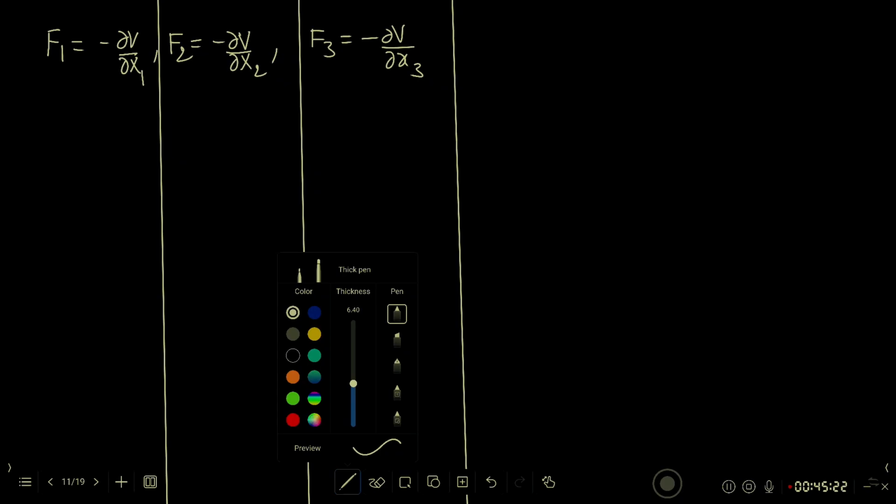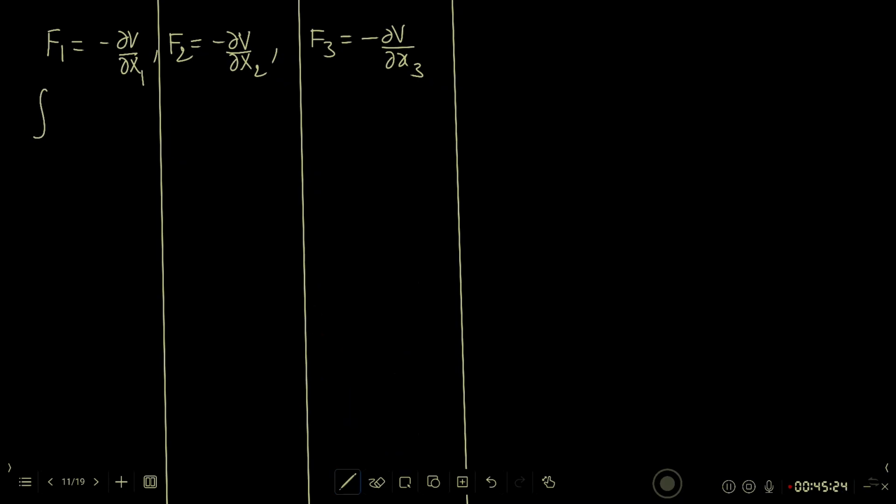Integrate with respect to x1. I get f1 x1 plus some function of x2, x3 or a constant.